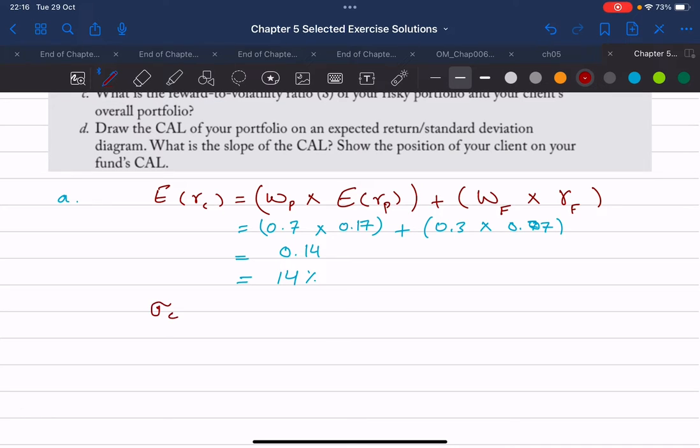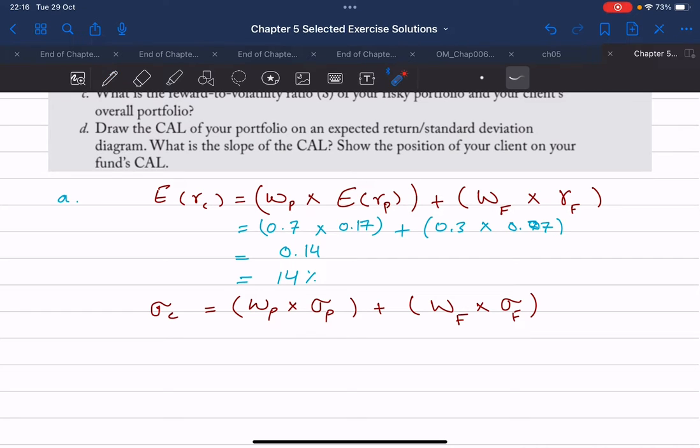Knowing that, we know that the standard deviation on the complete portfolio is again going to equal the weight of the risky asset multiplied by the standard deviation of the risky asset, plus the weight of the risk-free asset multiplied by the standard deviation of the risk-free asset.